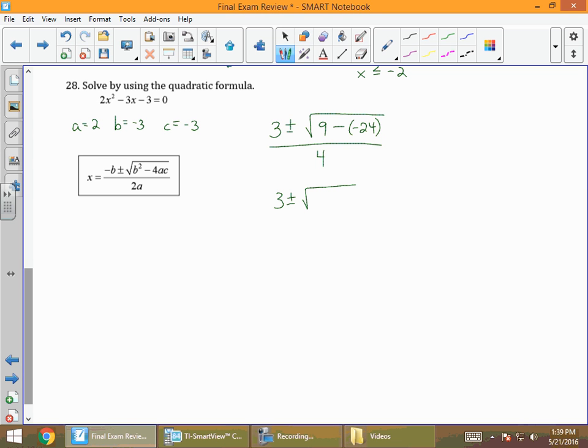So 9 plus 24 is 33. All divided by 4. The 3 does not simplify. Radical 33 does not simplify. So when I have it all over 4, 3 over 4 is already reduced. And with radical 33 not simplifying at all, that problem is finished.